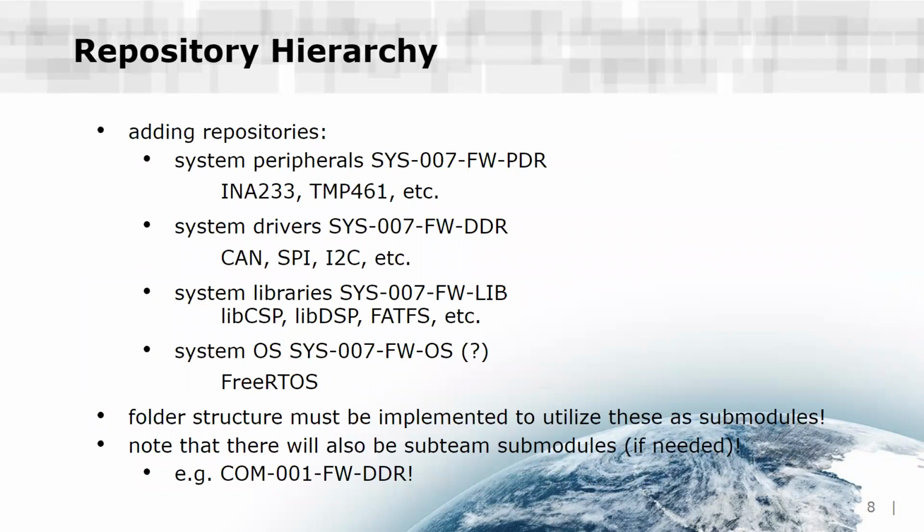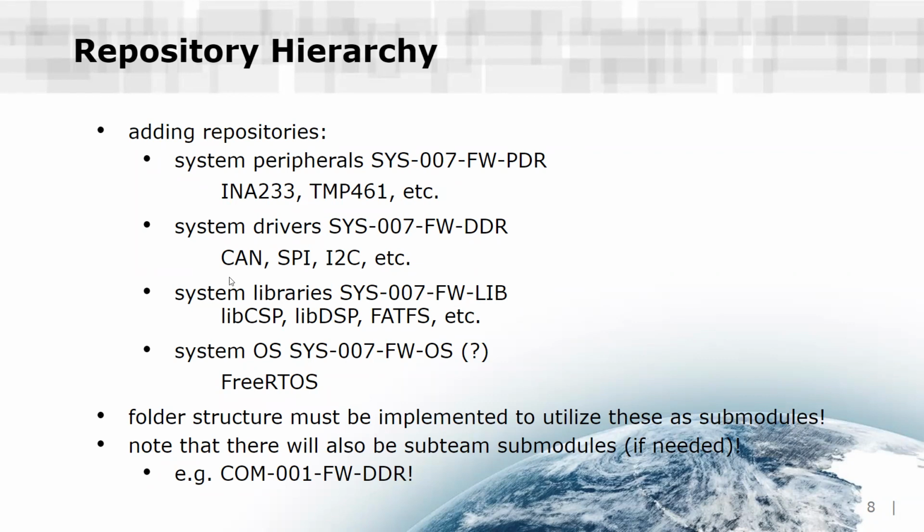So in terms of how we'd actually structure our repositories, what we've put together is definitely 3 system-wide repositories. One for the peripherals, so the INAs, the temperature sensors, all of those peripherals that we share as a whole team.